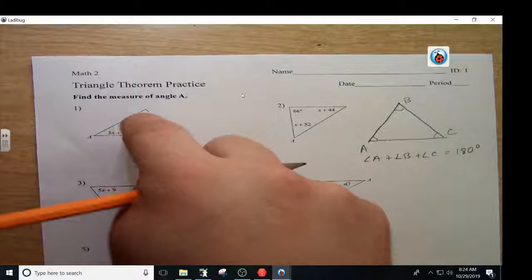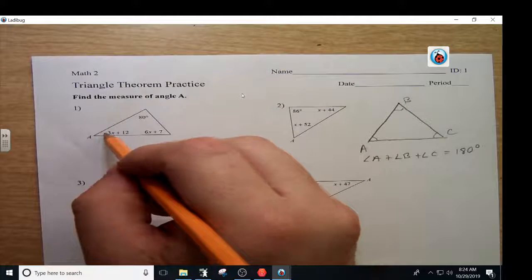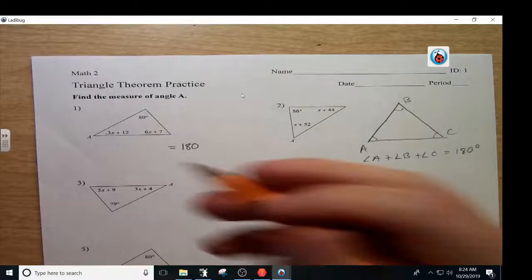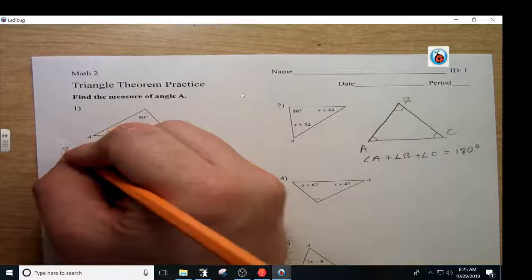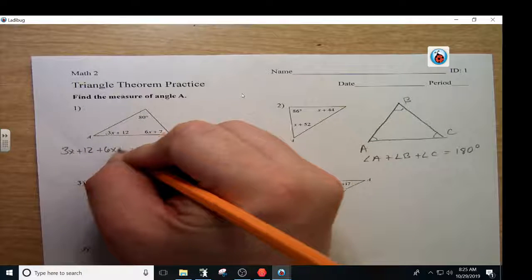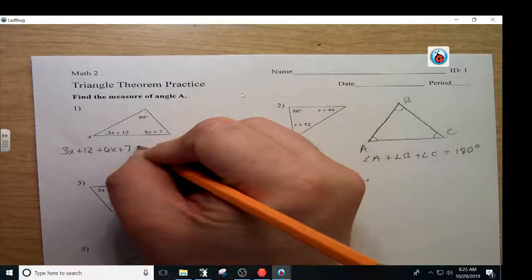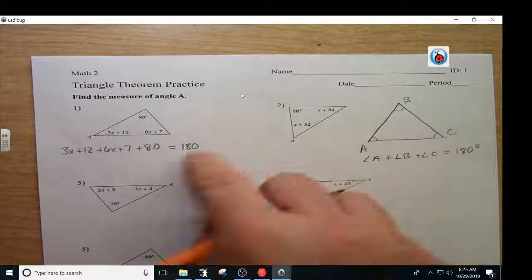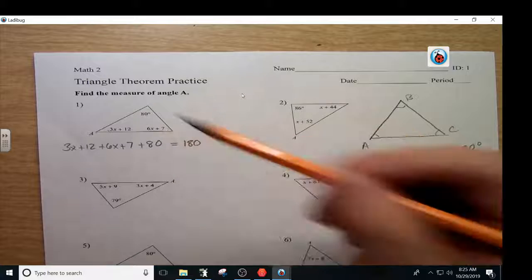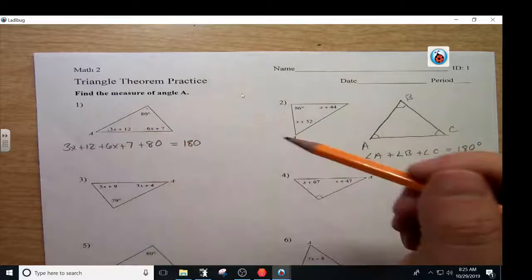What it's saying is this angle plus this angle plus this angle is 180. So that's going to be 3x plus 12 plus 6x plus 7 plus 80 equals 180. This is angle A over here.